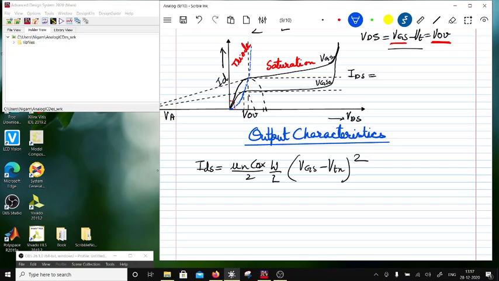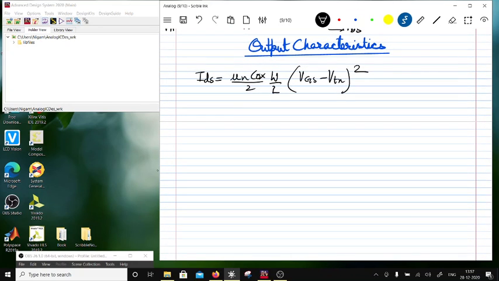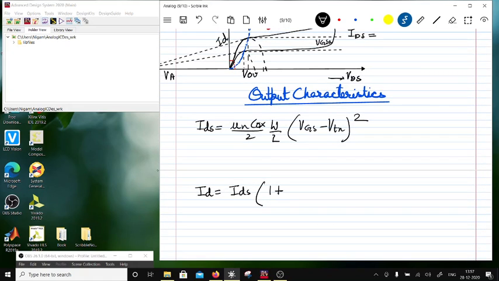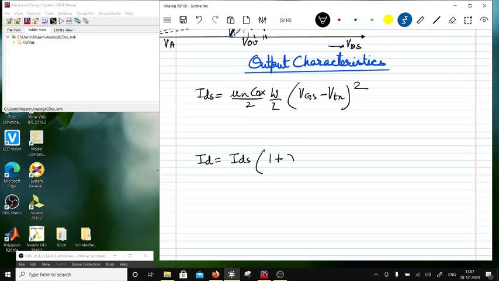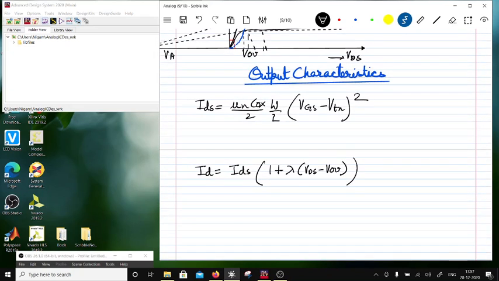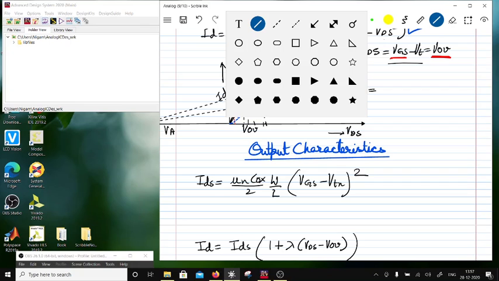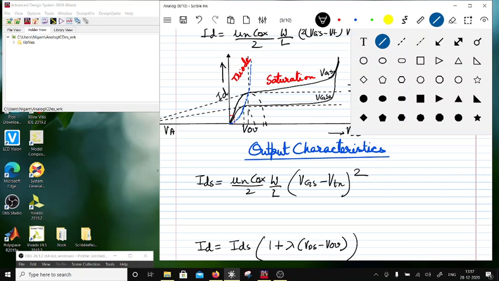Now beyond this, what's going to happen? ID would be equal to IDS times, if there's going to be a slope involved, 1 plus lambda times VDS minus V overdrive. If lambda is the slope, then slope times VDS minus V overdrive.